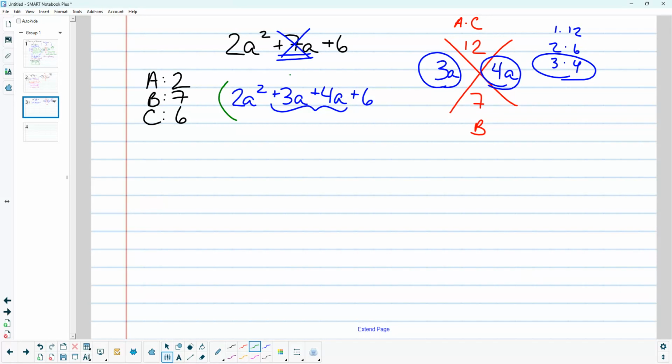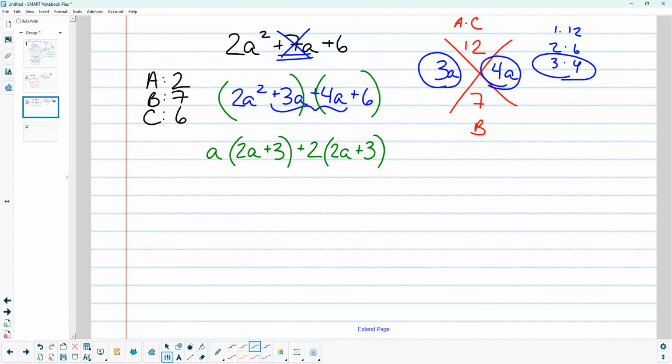I'm just going to go ahead and group these 2 together and these 2 together. My GCF here is just an A because I don't have a common number to take out, so A. That'll give me 2A plus 3. Here I can take a 2 out, so plus 2 times 2A plus 3.